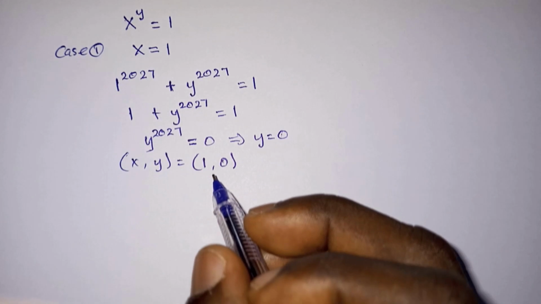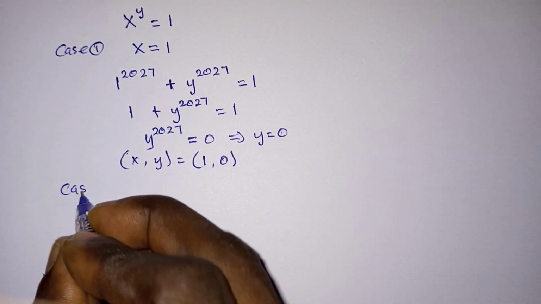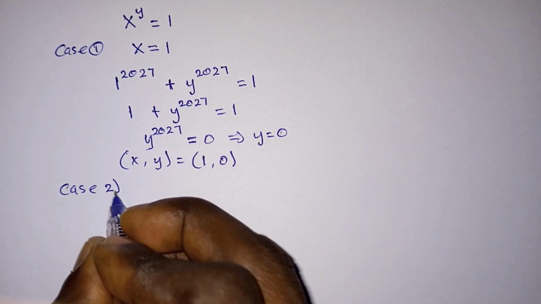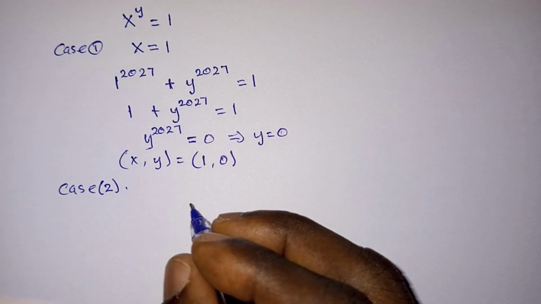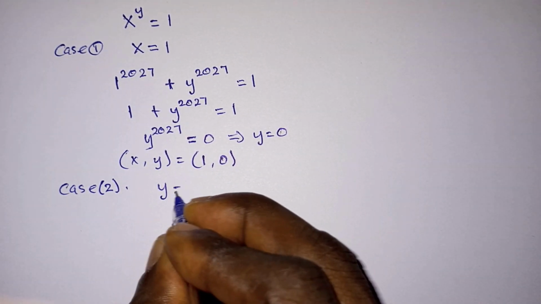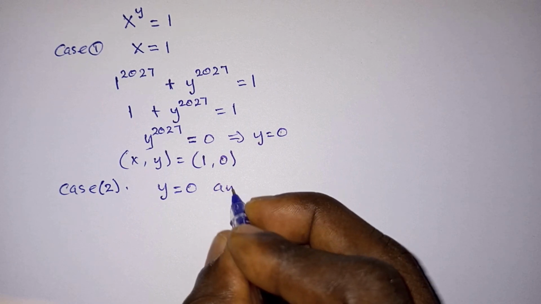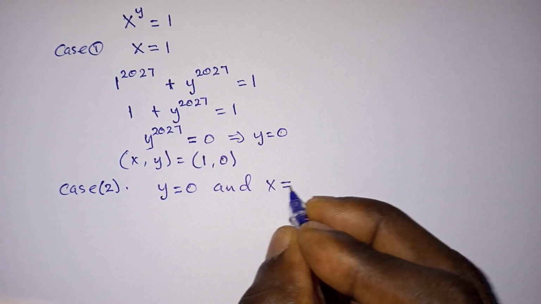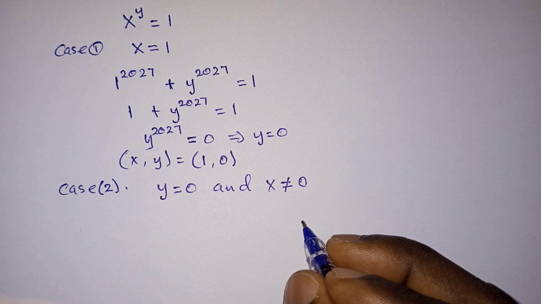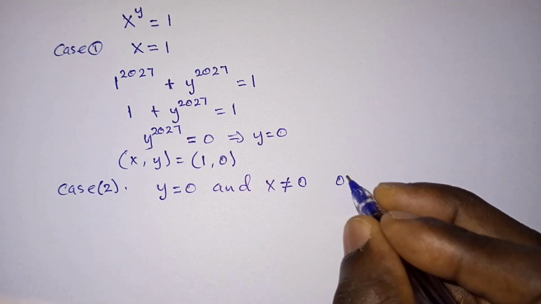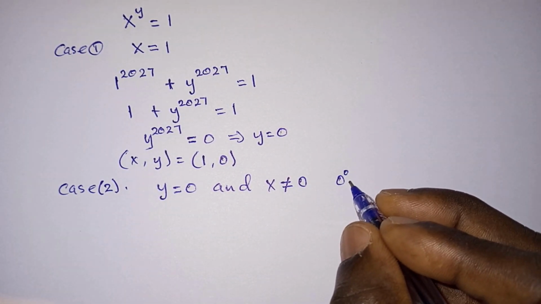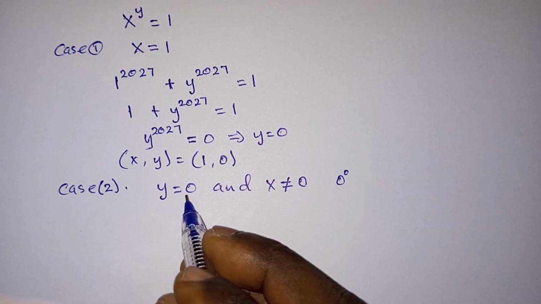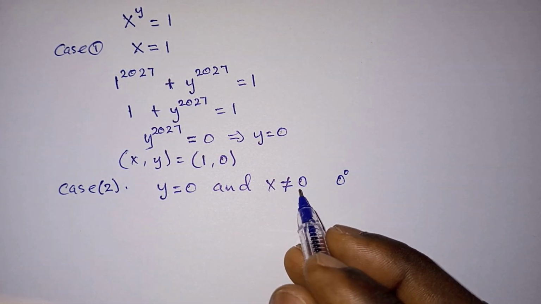Now let's move on to case 2. Case 2, we are saying that y is equal to 0 and x is never 0. We don't want to produce something like 0 to the power 0, which is indeterminate, right? So we are saying that y is 0 and then x is never 0.